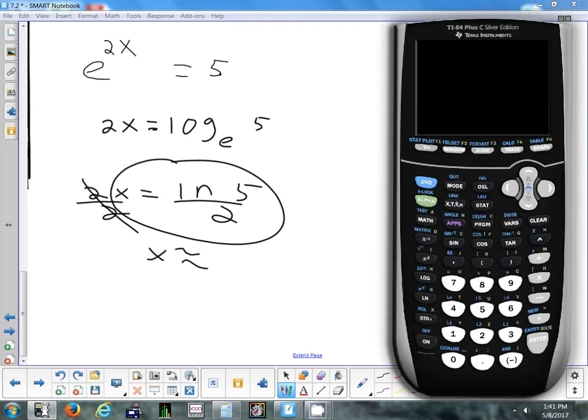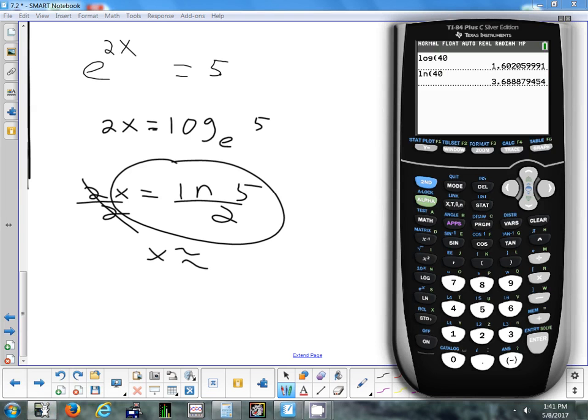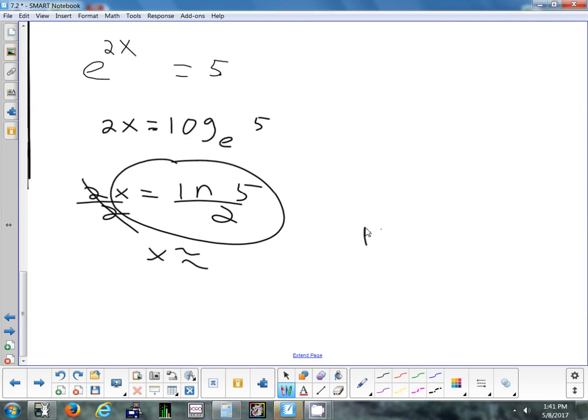If they wanted it as a decimal, we could just type it in. So I could type in ln. What do you think I have to be careful about if I type this in? Parentheses. If I don't close my parenthesis, the calculator is going to think I want to do this, which is totally different than what I want to do.